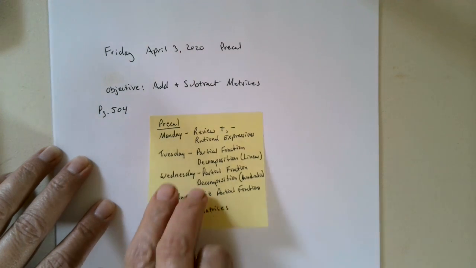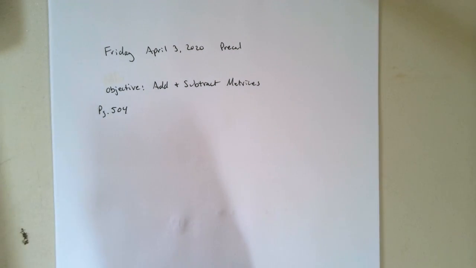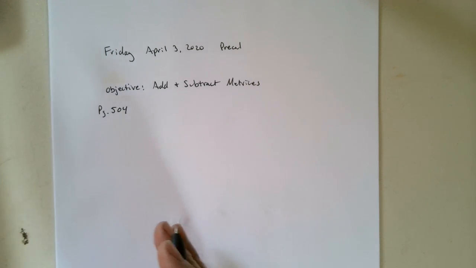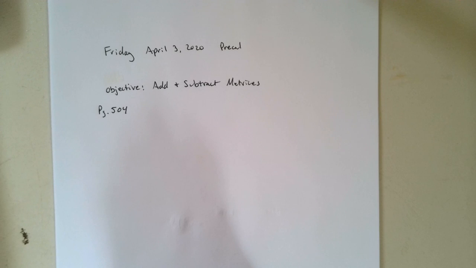If you're paying any attention, you'll notice that partial fractions was in 7.3, and we are in 7.5. 7.4 works with matrices and solving systems, but 7.5 is more the introductory process of matrices and things that you would have done in Algebra 2.